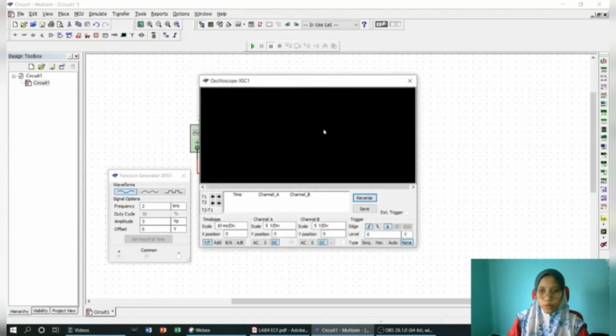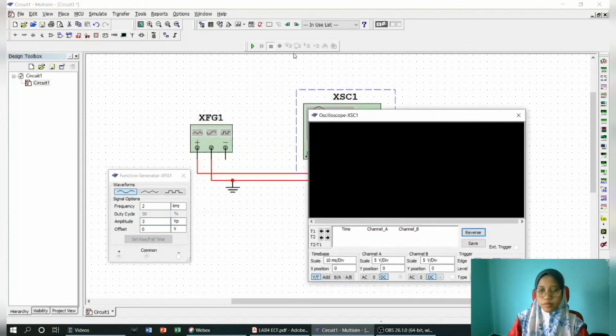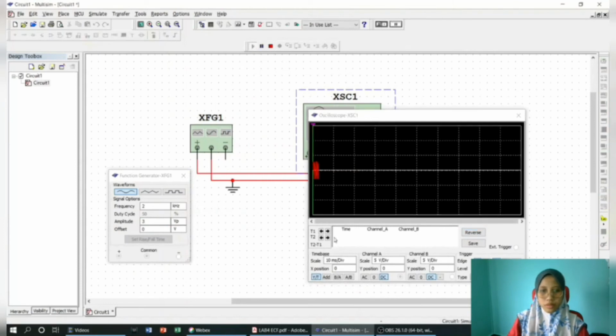The waveform will appear here. Based on this waveform, we need to type single, use different scale, and change channel A to AC.